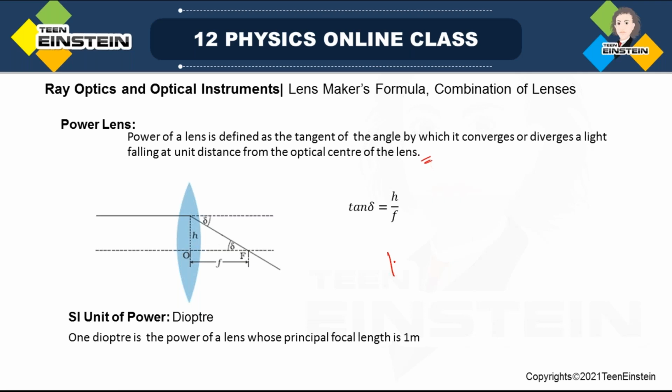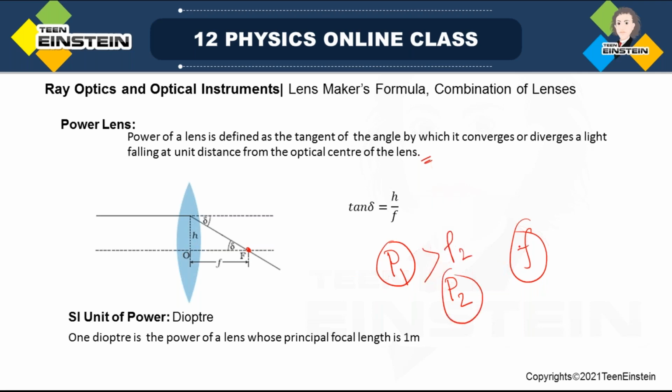If the power is denoted by P, if I take, for example, a convex lens where the light is getting converged, that is called the principal focus, and the focal length is f. Suppose I'm just taking two cases: in one case the power is P1, and in another lens the power is P2.